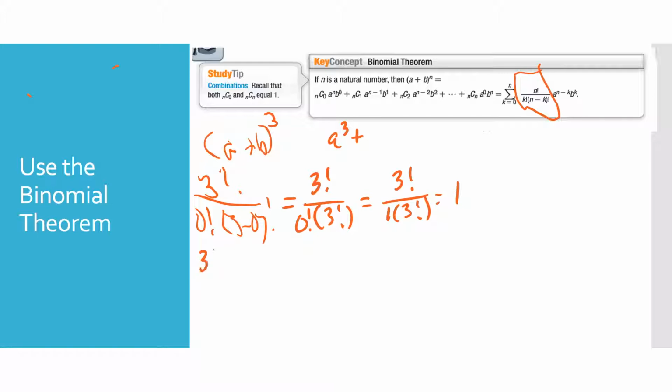Well, I've still got 3 factorial over 1 factorial times 3 minus 1 factorial. That equals 3 factorial over, well, 1 factorial is also just equal to 1, and 2 factorial.